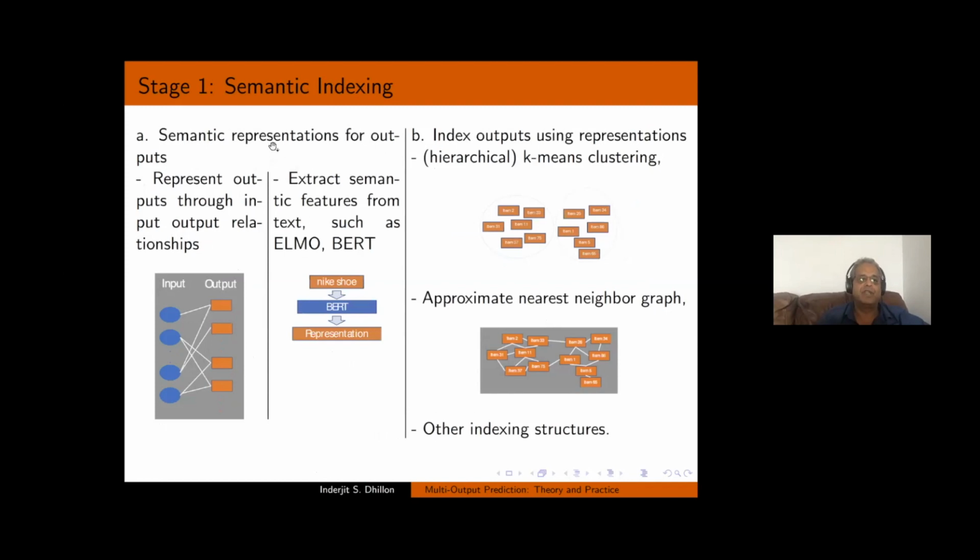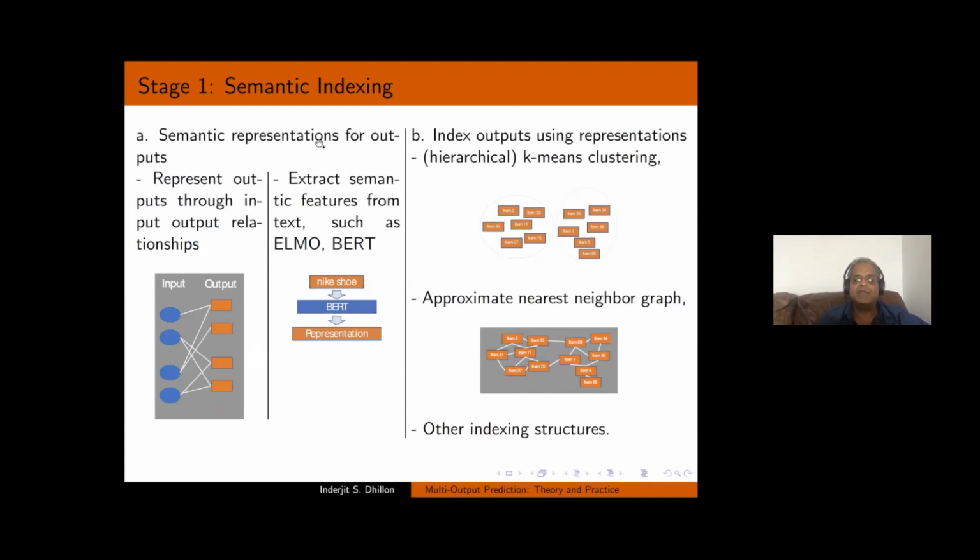So, first thing is you can construct semantic representations for the outputs. When the outputs are text features, then I can use transformer models such as BERT or RoBERTa to get embeddings for inputs and correspondingly the outputs through this training data.